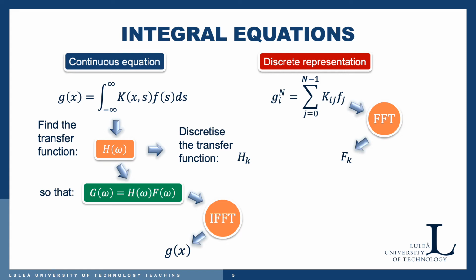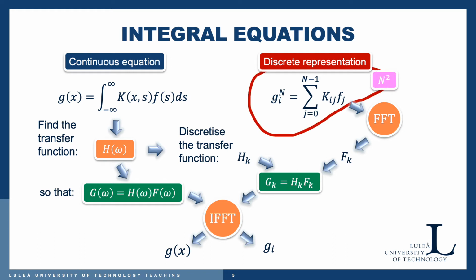And if we just FFT our discrete signal f, then we get a discrete Fourier transform in terms of the wave numbers, and we can put them together, plain multiplication, as we did with the Fourier differentiation, and then we obtain G_k, which is the Fourier transform of g_i, the original function, and we use IFFT to obtain g_i again.